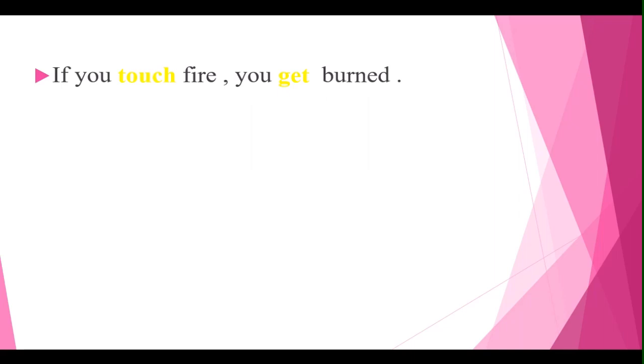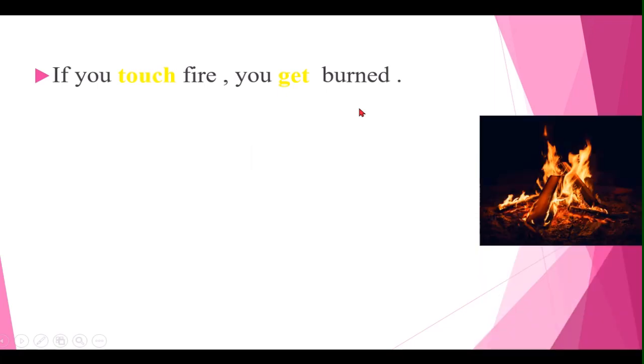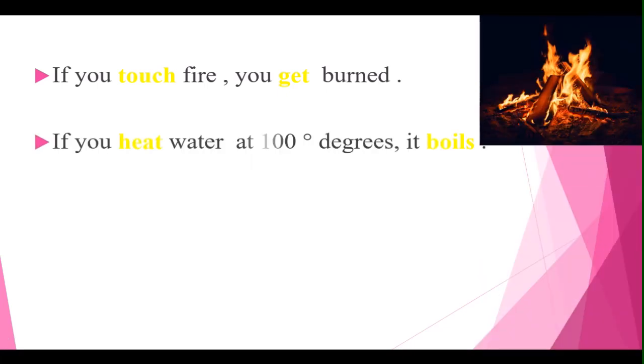The next sentence: if you touch fire, so it means if you put your hand or your finger on fire, you get burned. Can you find the verb here? We have two verbs in simple present, touch and get. And we have two clauses. If you touch fire is the if clause, and you get burned is the main clause. Now this is fire.